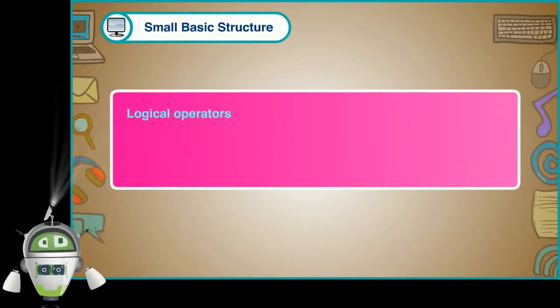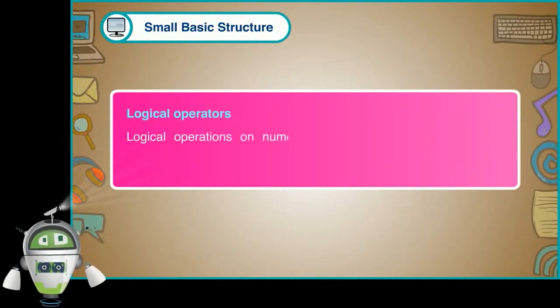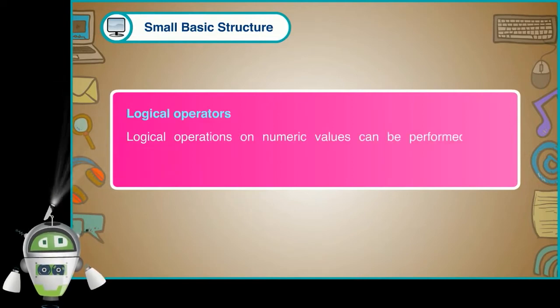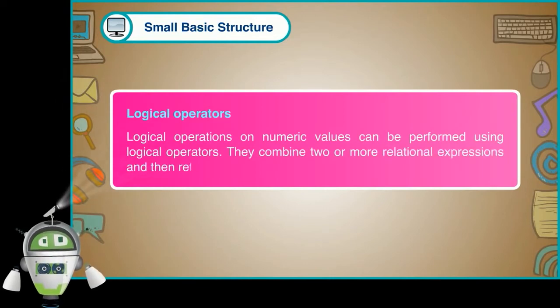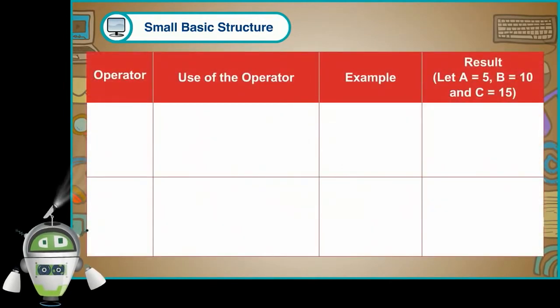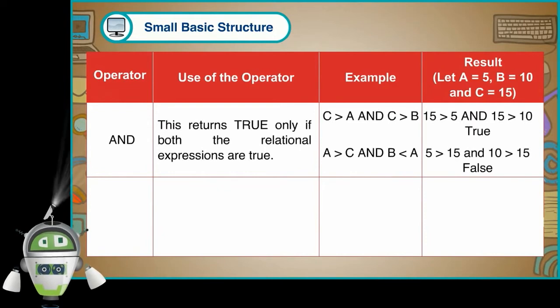Logical operators. Logical operations on numeric values can be performed using logical operators. They combine two or more relational expressions and then return a single value as true or false. Operator, use of the operator, example, result.